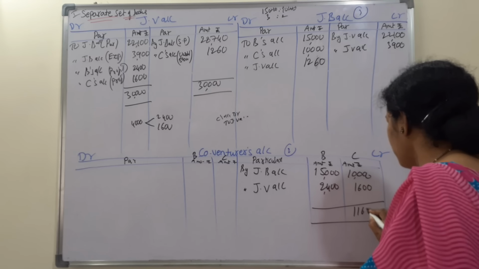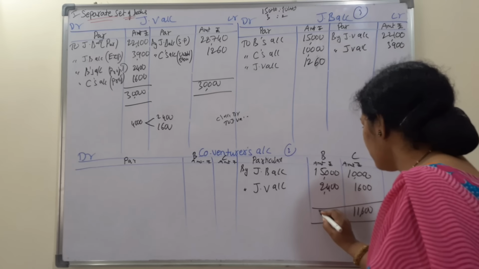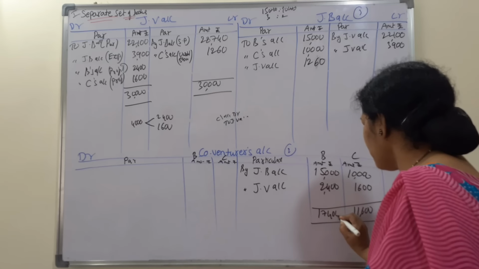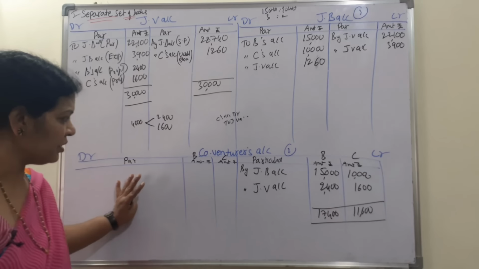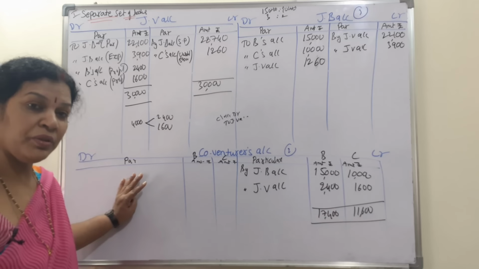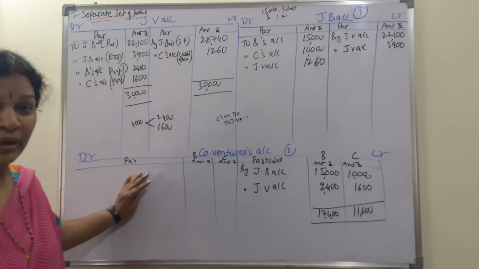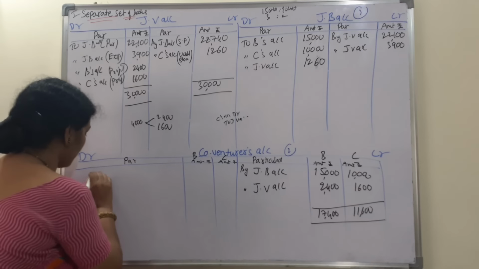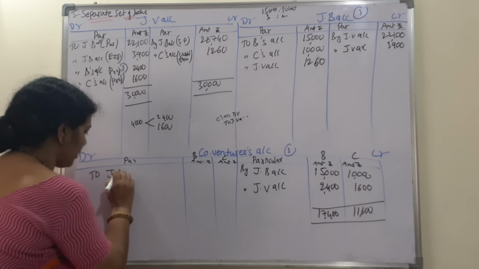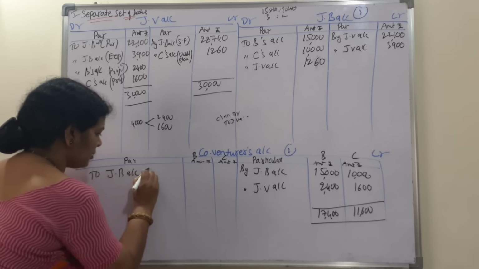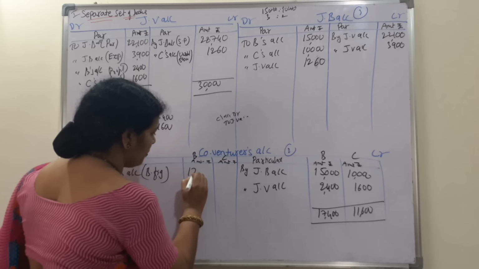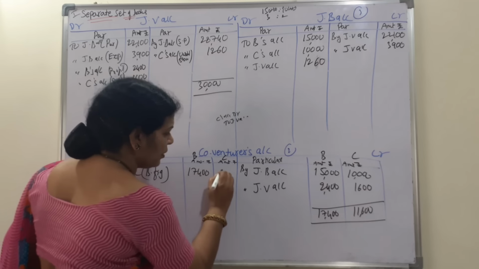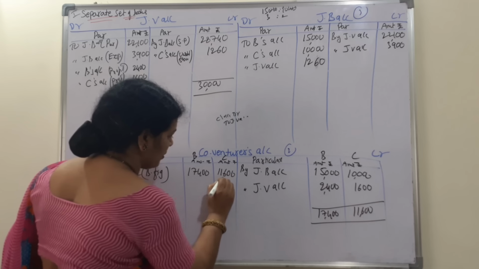This is 11,600 and this is 17,400. Nothing is there to write on the debit side. What we do, we'll say to joint bank account. Balancing amount is transferred to joint bank account. So this is the balancing figure, 17,400 and 11,600.